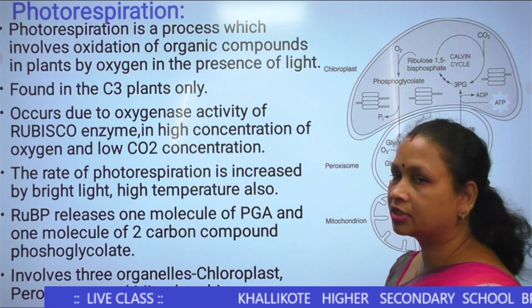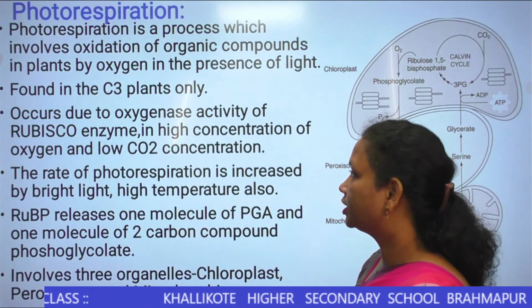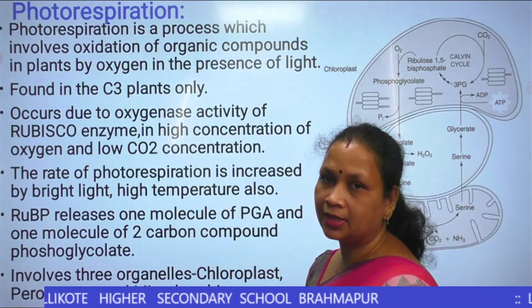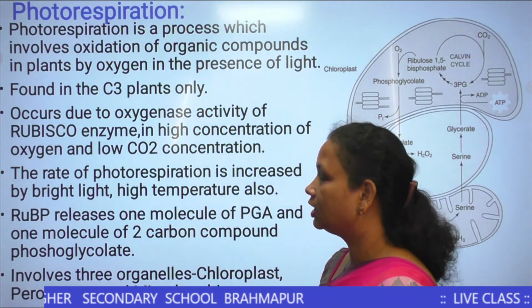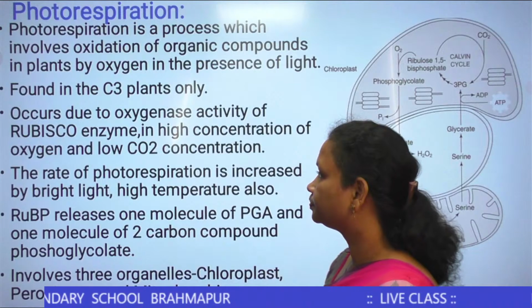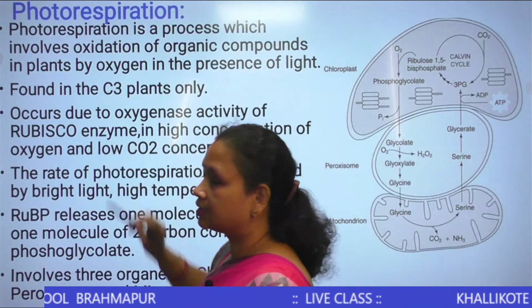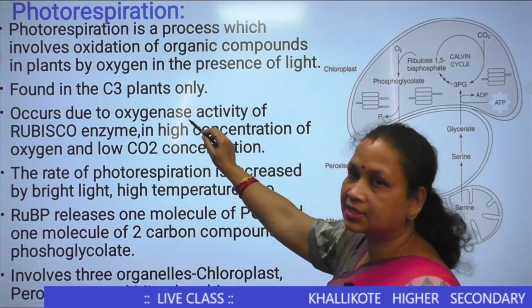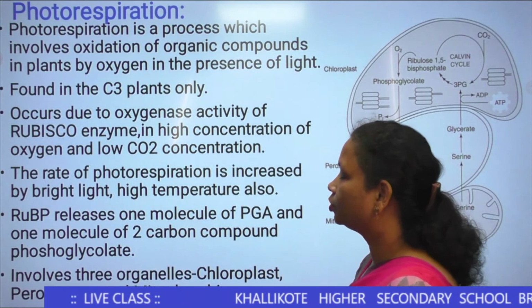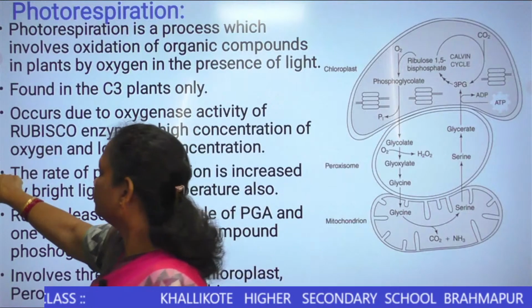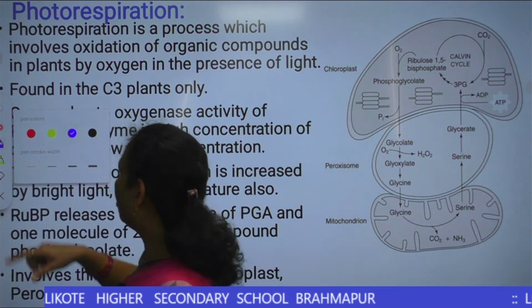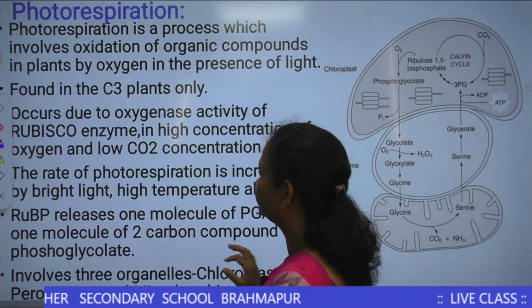Where is it found? Photorespiration is found only in the C3 plants and not present in the C4 plants. Why does it occur? It occurs due to oxygenase activity of Rubisco enzyme.